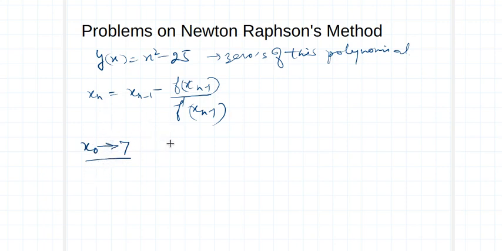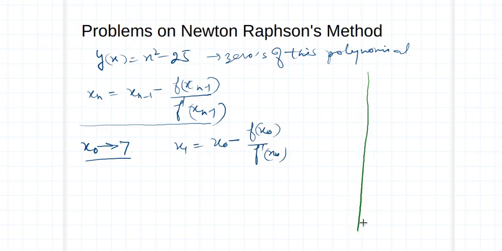So if I start with it, then what will x1 become? Using this iteration formula, x1 is equal to x naught minus f of x naught over f prime of x naught. That's what is needed here. f of x, I call it also y of x, whatever you want to call. f of x is x square minus 25.